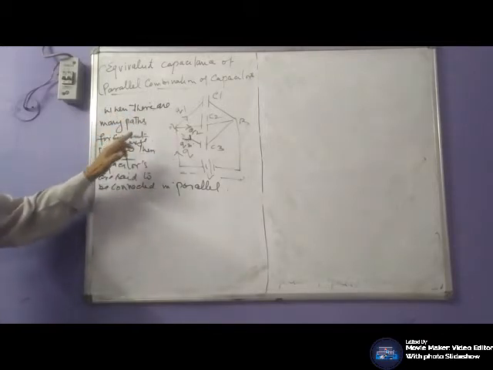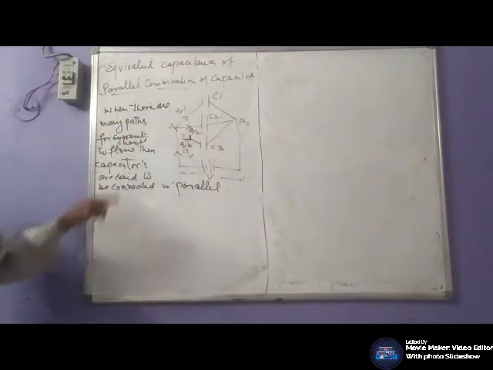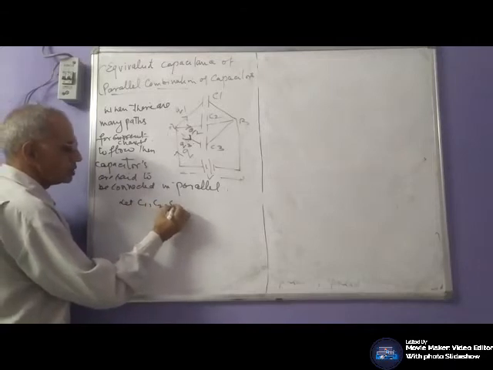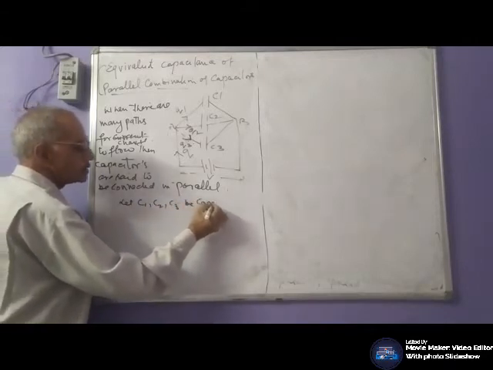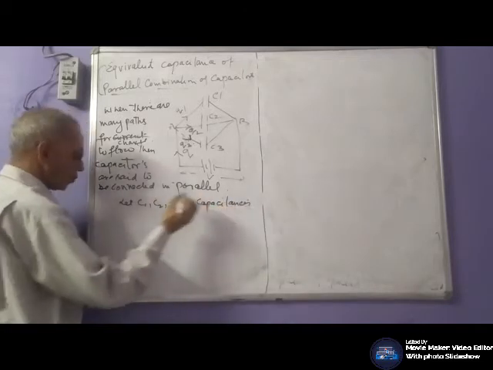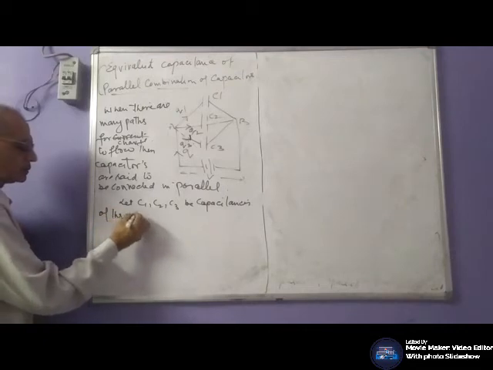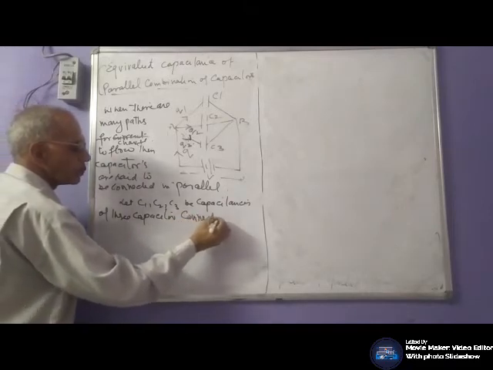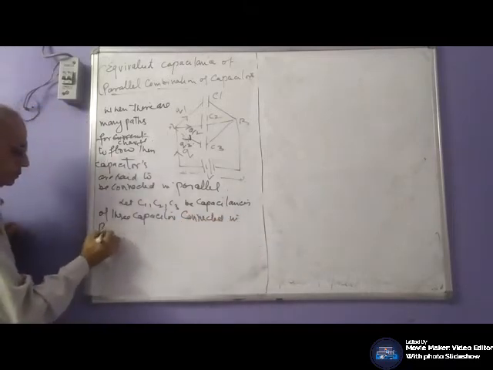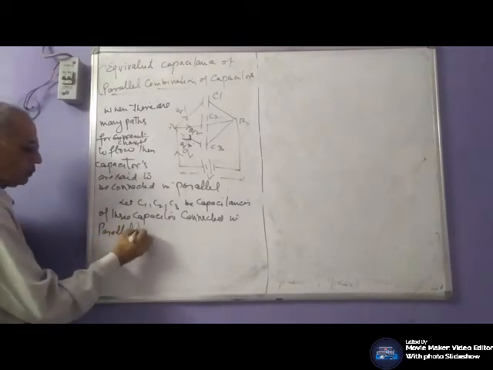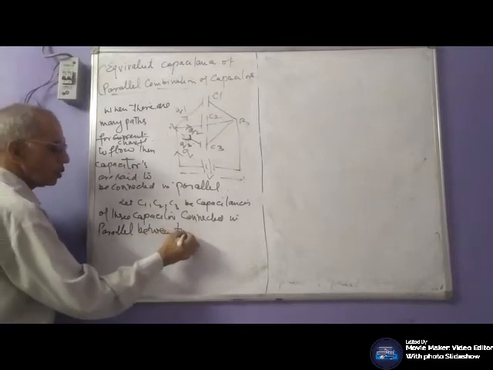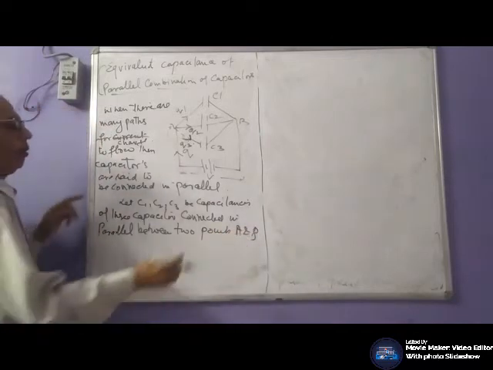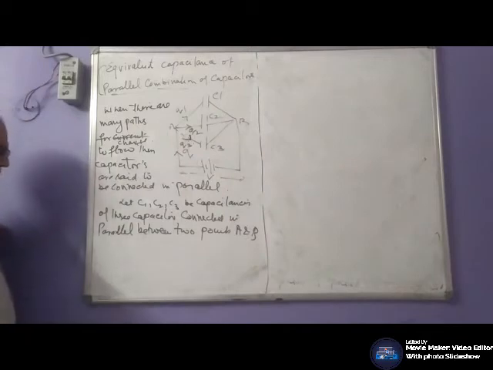When there are many paths for charge to flow, let C1, C2, C3 be capacitances of 3 capacitors connected in parallel between 2 points A and B. Here these are the capacitors.